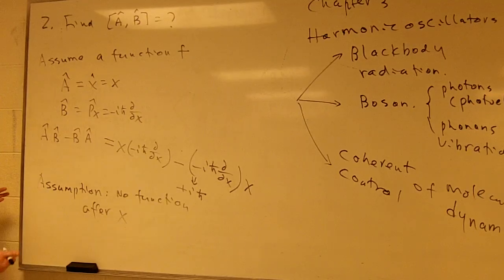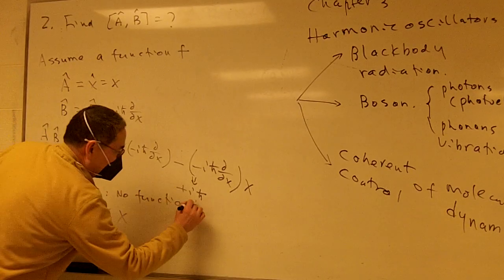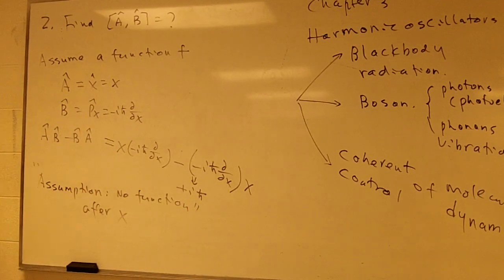So this assumption is untrue. So I put a question mark on this. Because of this reason, that's why we cannot simply just plug in this operator and do the calculation. Did you guys get it? Did you get it? And this is very important. And so in many cases, you actually can plug it in, but not always.